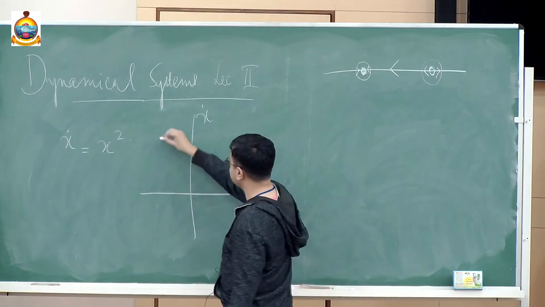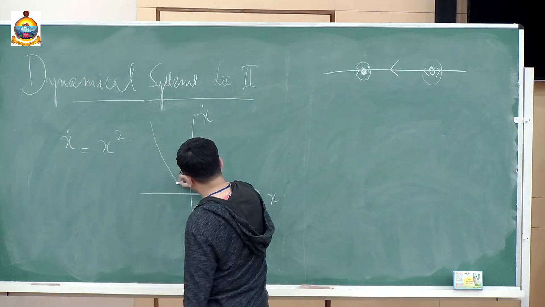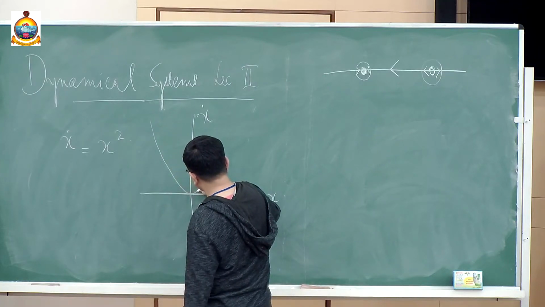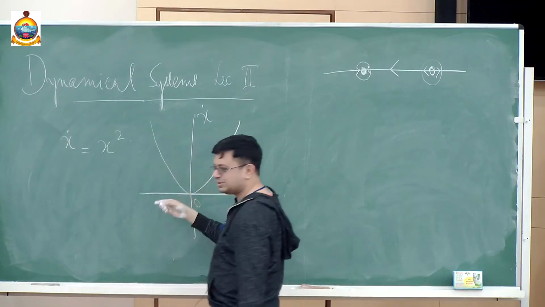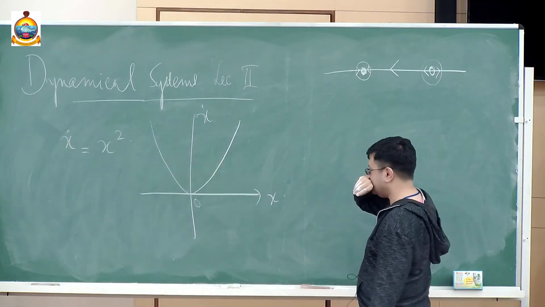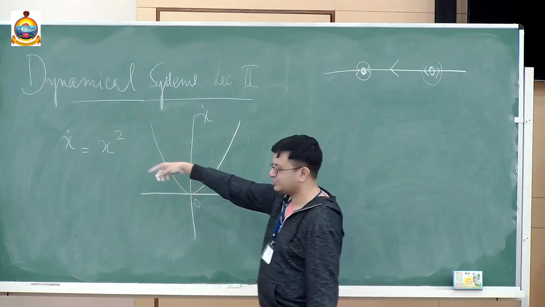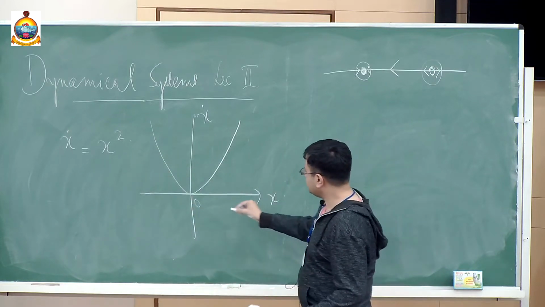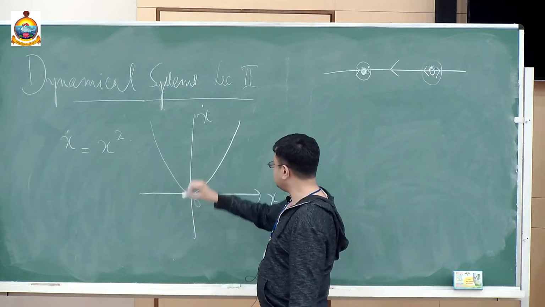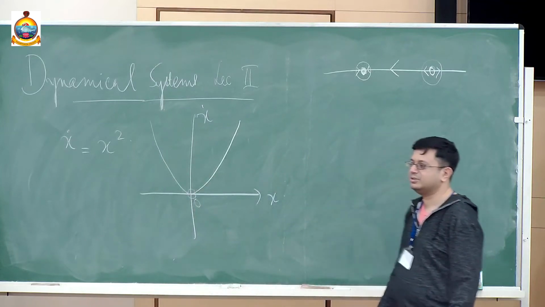So this is going to be what? This is just a parabola, but you have to be careful not to make it flat at x equal to 0, because the second derivative is not 0. Twice x, second derivative is 2, it's not 0. So I have a fixed point here according to my rule, but what kind of fixed point is this?